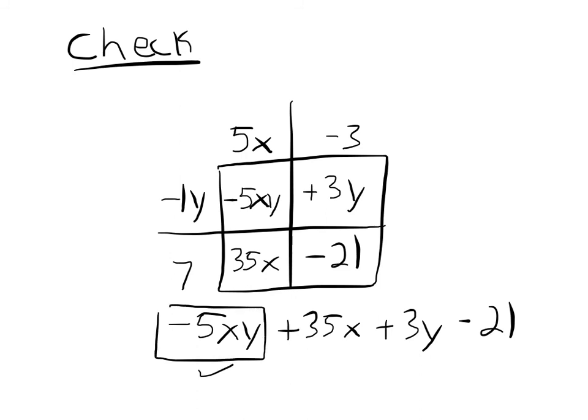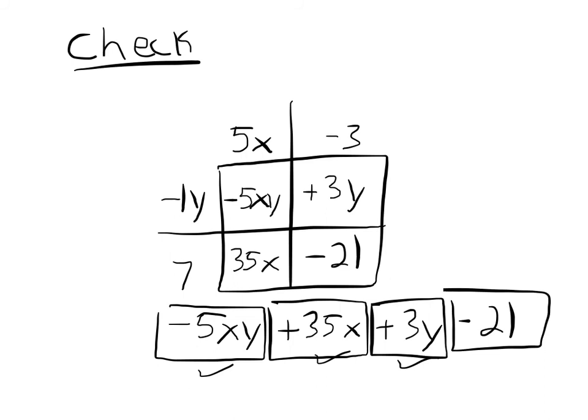And the answer is yes, you did. Did you have a positive 35x? Yes, you did. Did you have a positive 3y? Yes, we did. Did you have a negative or minus 21? The answer is yes, you did. So all of those terms check out with the original.